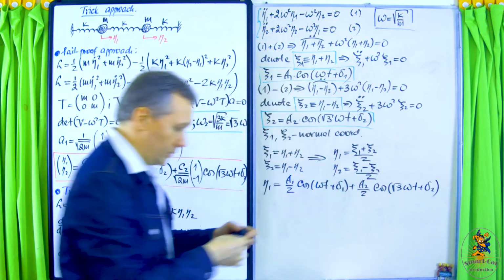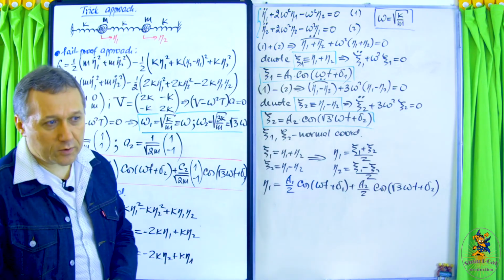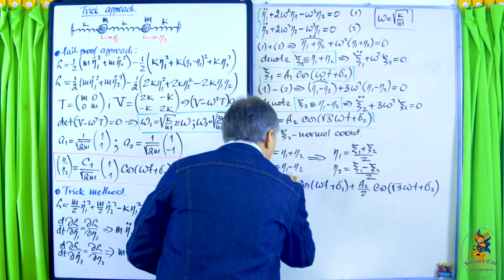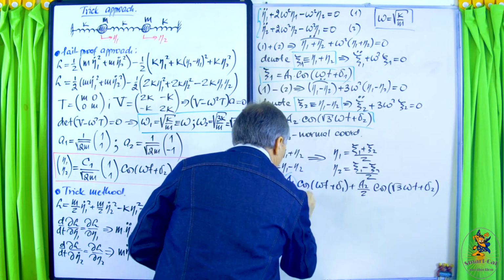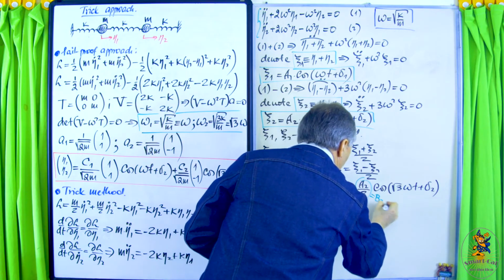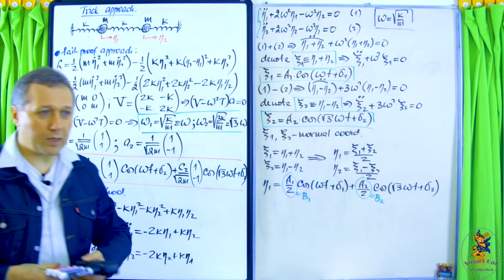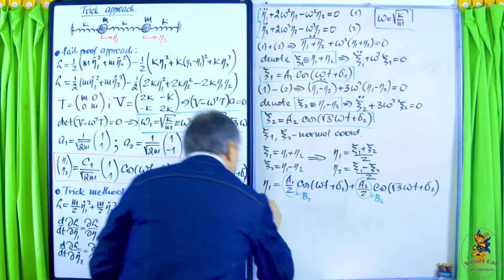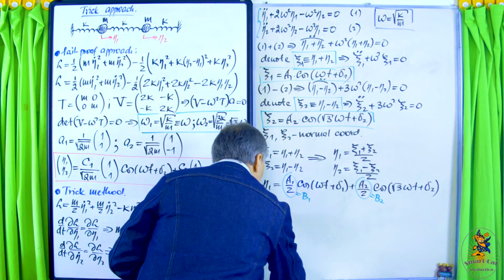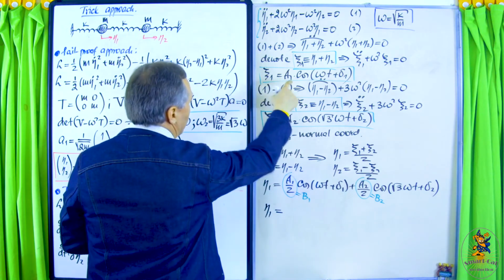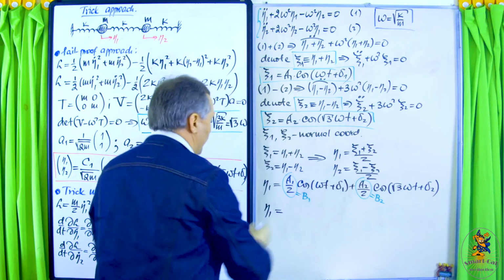Okay, so now we can rename constants of integration. Instead of a1 and a2, we can introduce, for example, b1 and b2, just to dump that factor of 2. And for eta2, of course, it will be psi1 minus psi2, so basically this minus that.